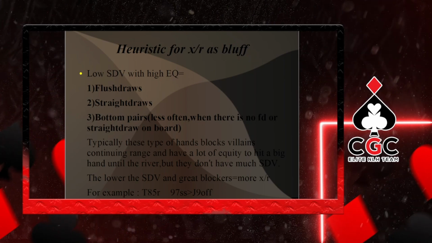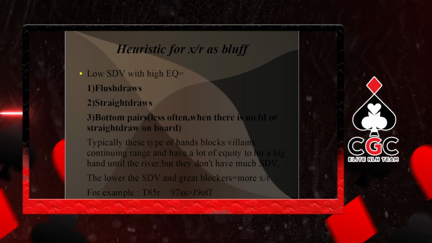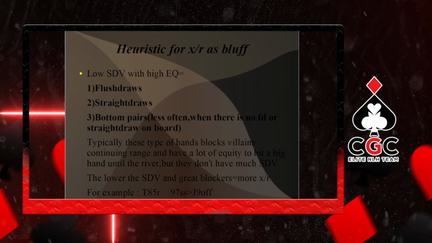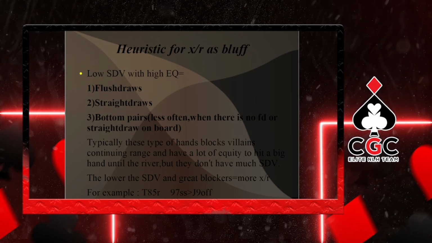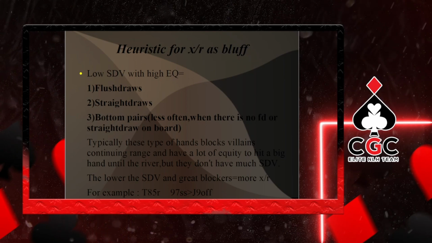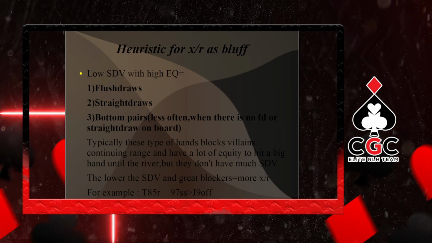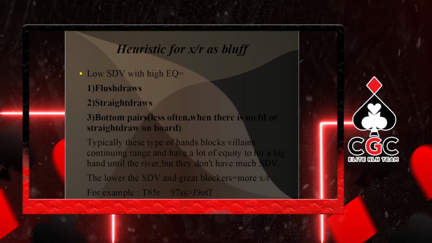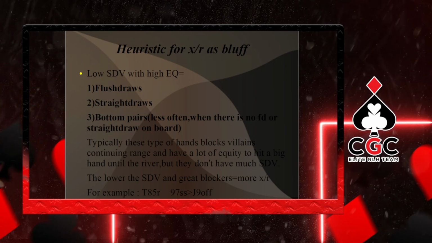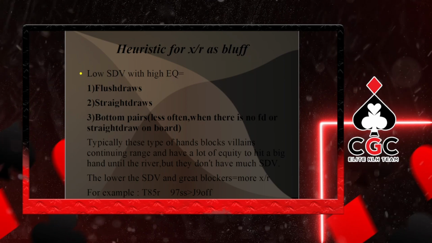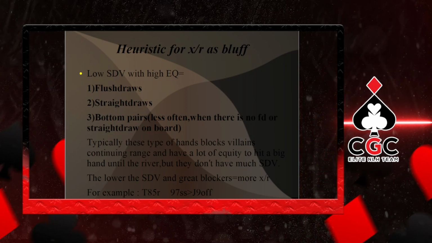At first glance, jack 9 offsuit looks like a much stronger hand because it's jack high and has an open-ended straight draw with the jack. But the basic heuristic is that 9-7 suited has a lower showdown value, and because of that it can't call too many c-bets on the turn, so you have to check raise this type of hand more often than the jack 9 offsuit hand.